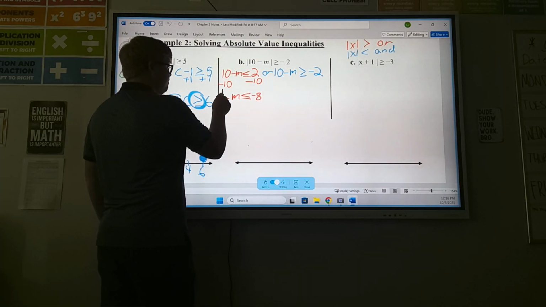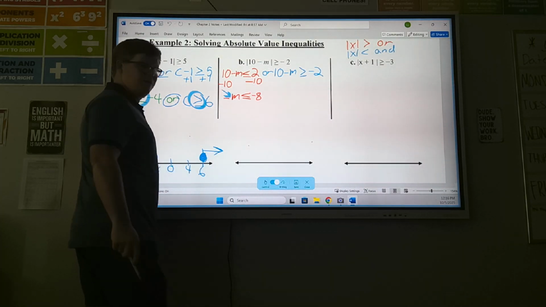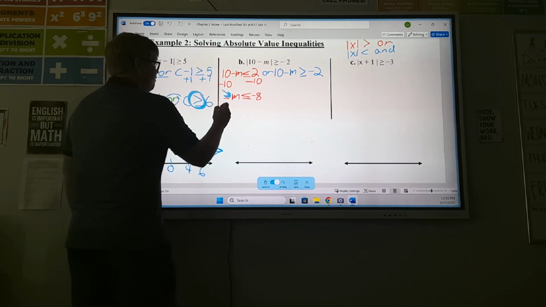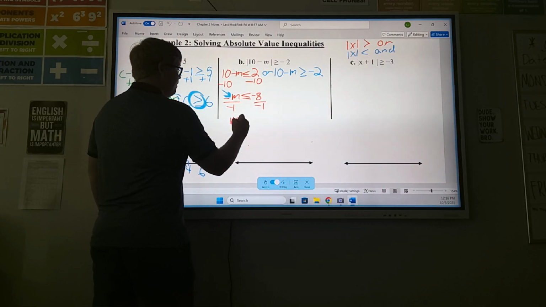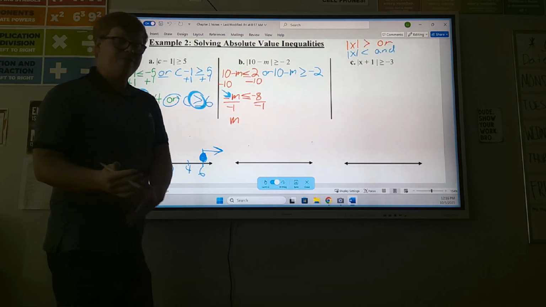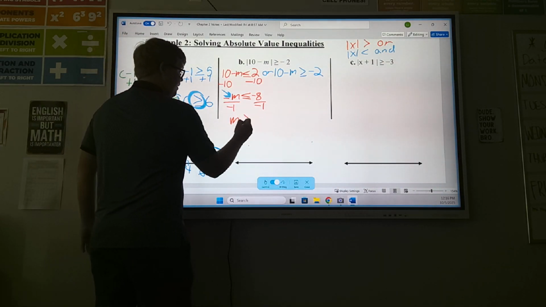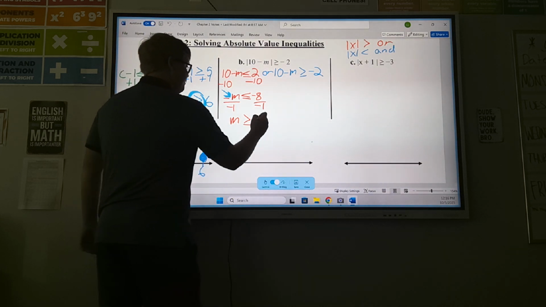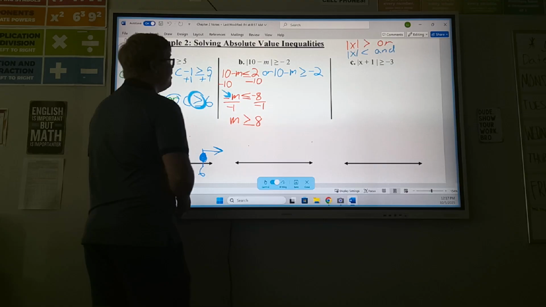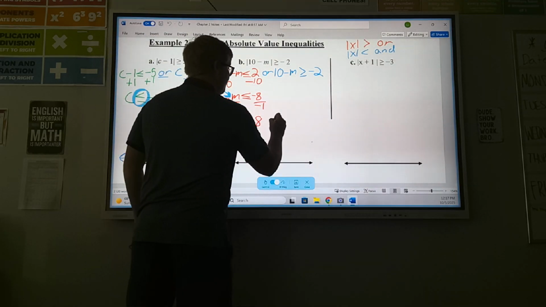Because we always assume there is a hidden 1 right there. So we divide by our negative 1. We have n. Now, since we divided by a negative, we have to flip our sign. And negative 8 divided by a negative 1 is a positive 8. Okay. Put our or in the middle.